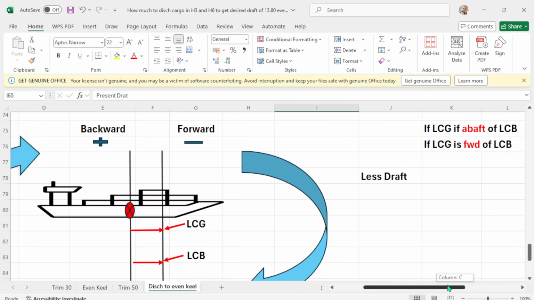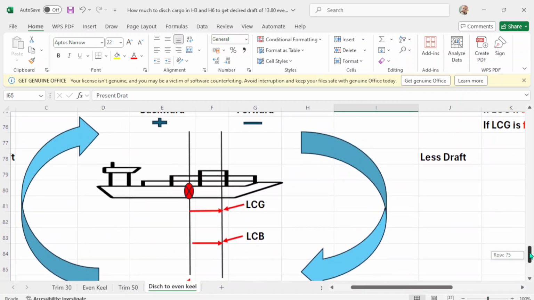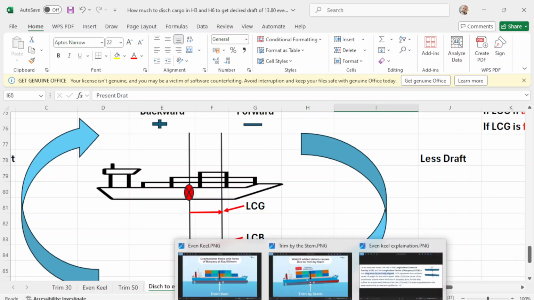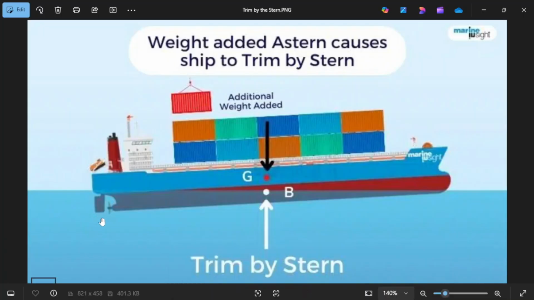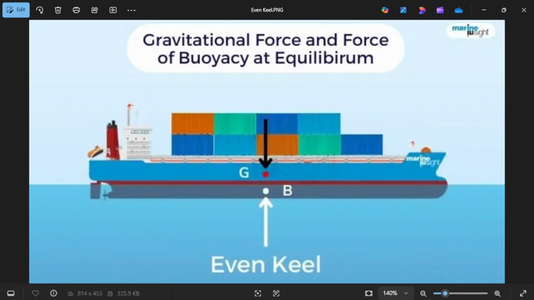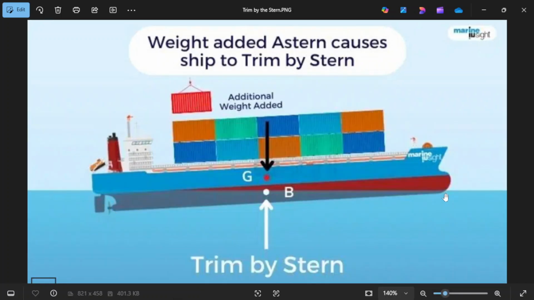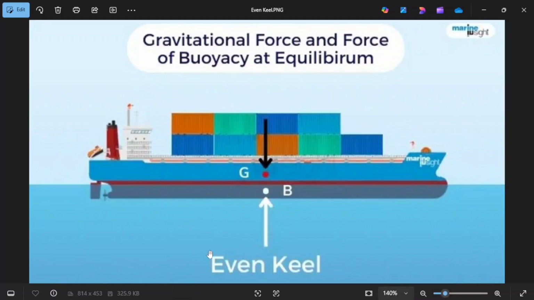Now, while ago, from your trim by the stern, you want to make it even keel. This one will go up and this one will go down to make it even keel, like this one. Okay, so from trim by the stern, the after part will go up, the forward part will go down until it is even keel.